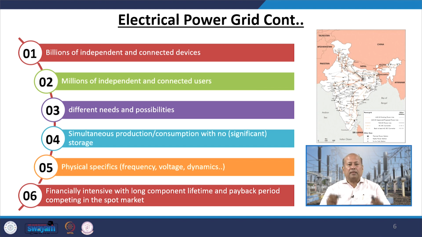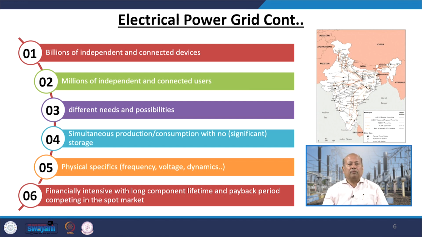However, there is simultaneous production and consumption with no significant storage. That means the moment we switch on our air conditioning system at our residence, we expect the power to be available to us. Now, the physical specifics such as frequency and voltage dynamics are something different. We want to have 50 hertz, we want to have 230 volt at all times.